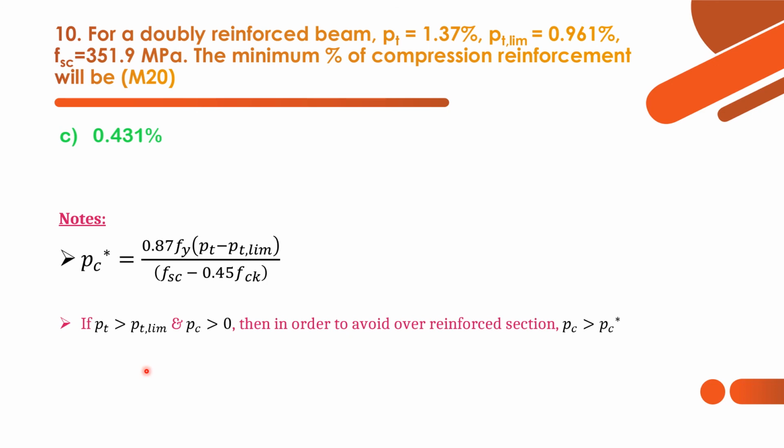So I request you to view the video of summary of IS 456, so that you can get more clarity on IS 456. What are the important things we have to be aware of, like what is the minimum tensile reinforcement, how to calculate that, what is the maximum tensile reinforcement, like that we can get from IS 456. That is already dealt in the summary of IS 456 2000 video. You can watch it right now. You can get some more insights about it.